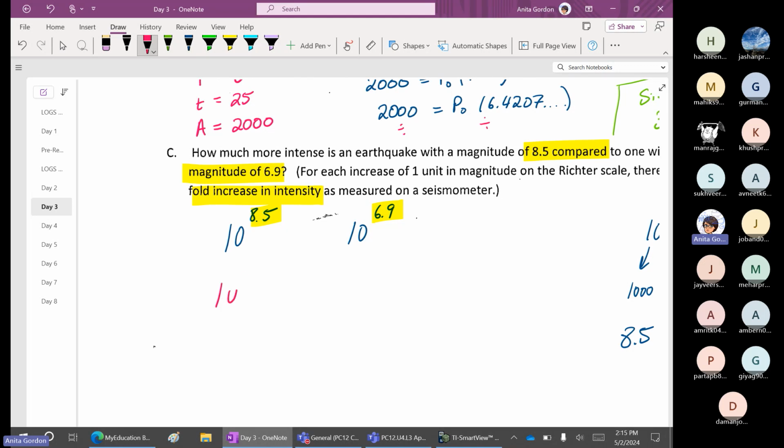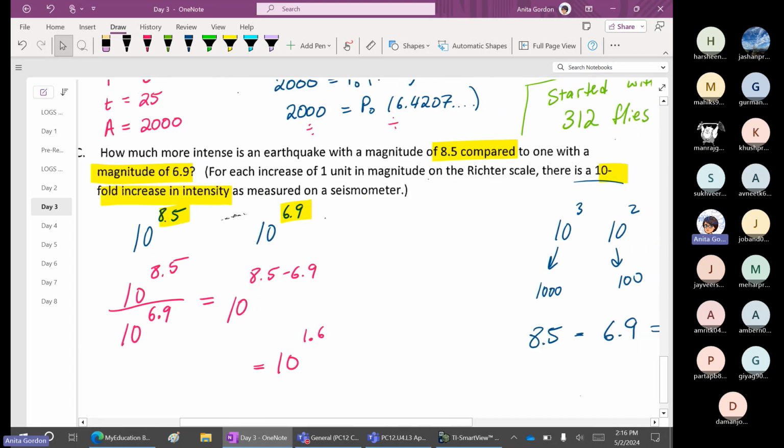So when I'm talking about how much more is 8.5 to 6.9, this is what I'm asking because it is a base 10 system. We refer to the exponent, but in reality, we're talking about magnitudes of 10. So this is representing a magnitude of 10 to the power 1.6 difference, right?